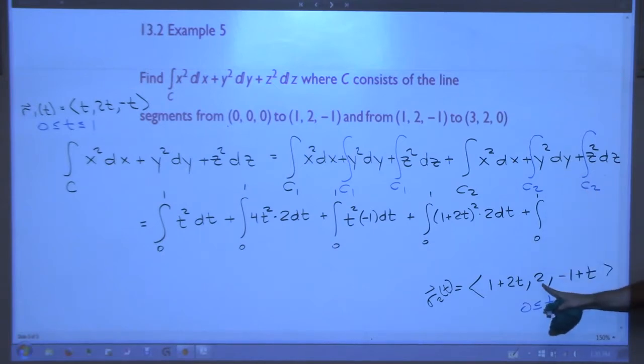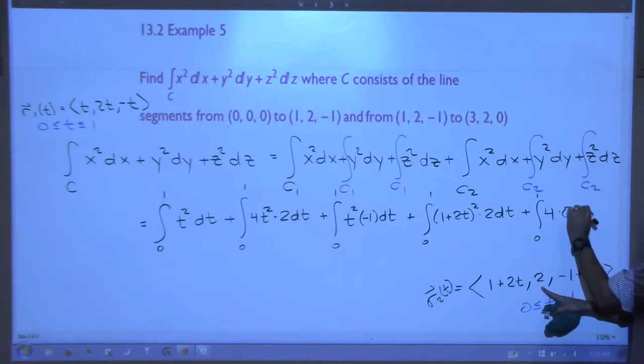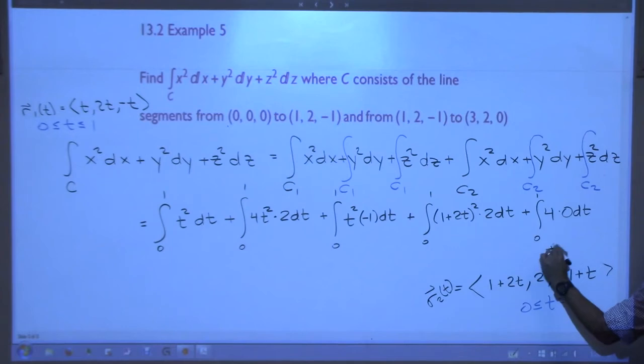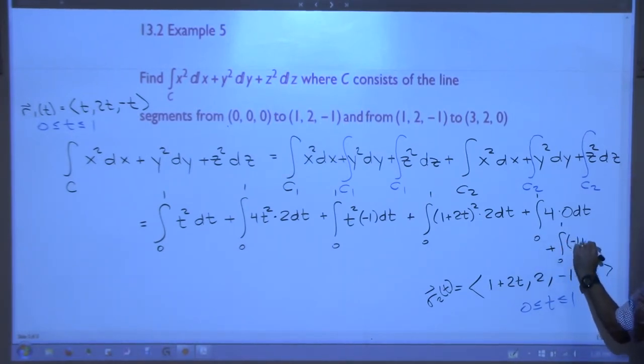Y squared, which is just this. Uh-oh, what's going to happen? 4 times the derivative of that, which is 0 because it's a constant. 0 dt. So that integral is not going to contribute at all. And then z squared dz, I'm going to have to push this right in here. Integral 0 to 1, negative 1 plus t squared, and the derivative of this is just 1 dt. So there you go. Any questions on where any of that came from?